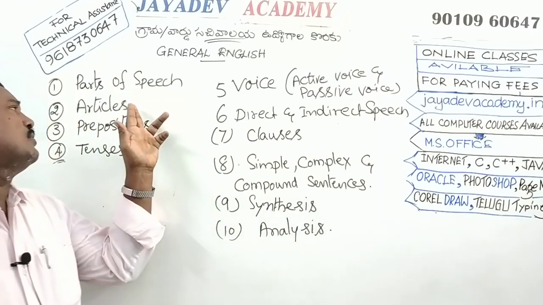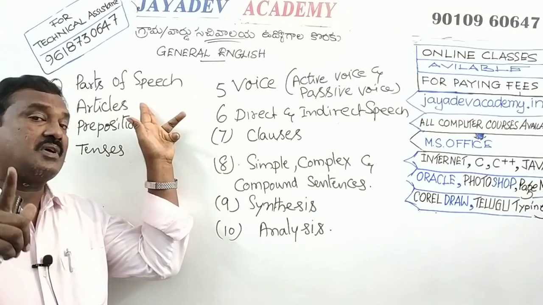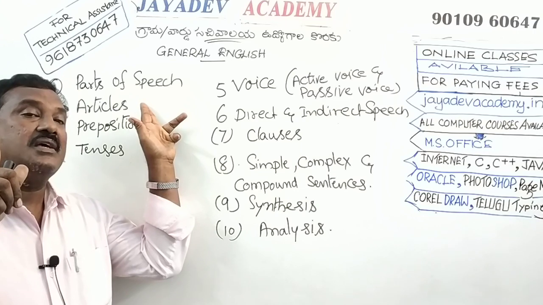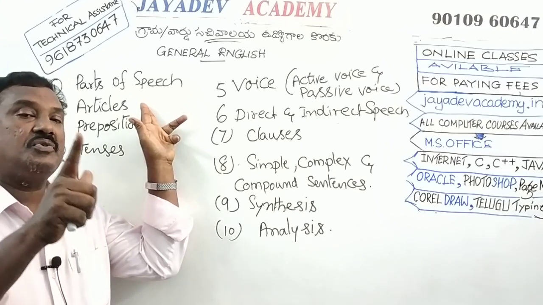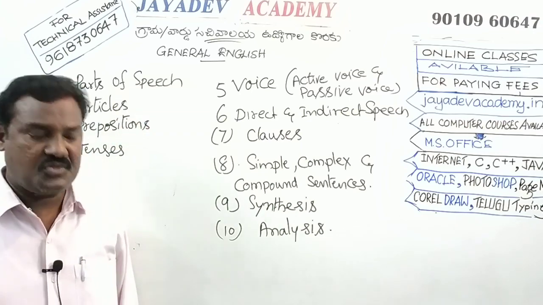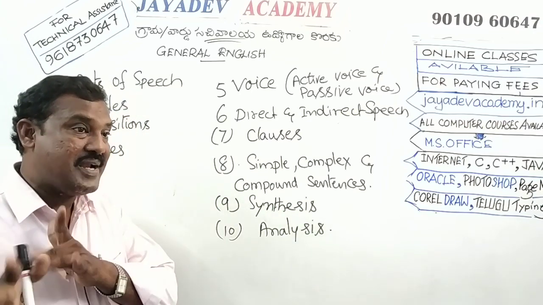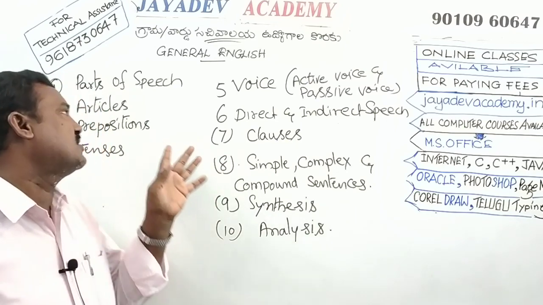Now come to a. A is used before a consonant sound and the noun should be a singular noun. Before a singular common noun only we have to use a consonant sound. What is a consonant sound? Ka to ba, Telugu letters, that is called consonant sound.